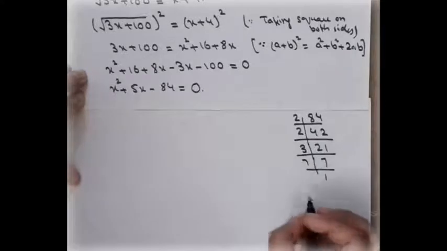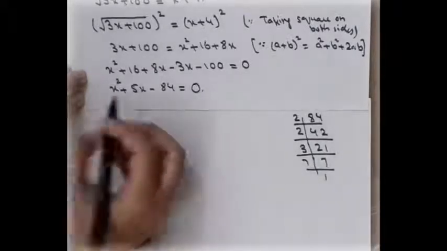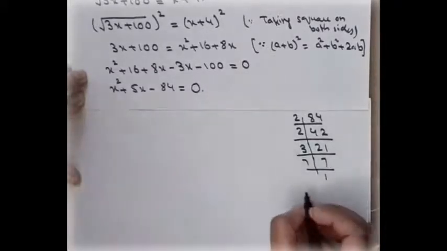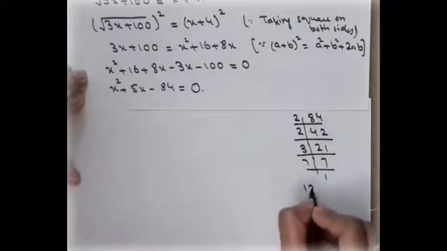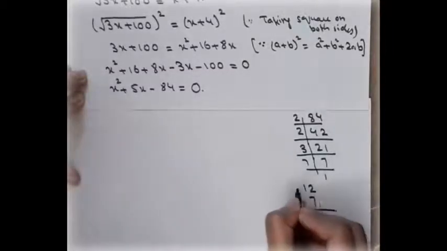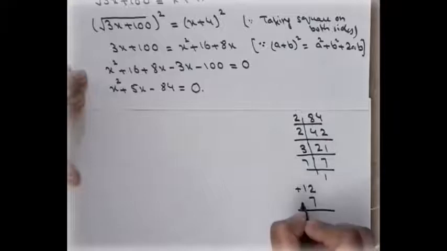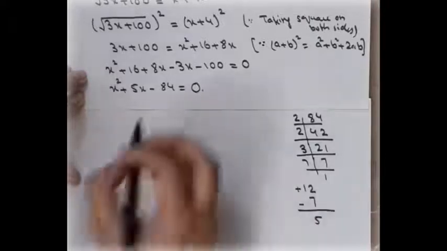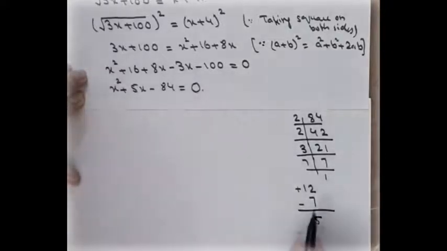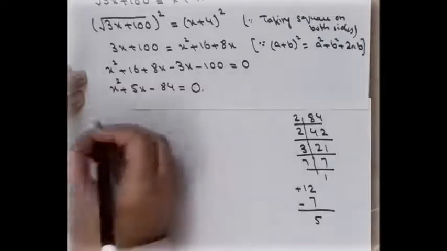Now we want to find two factors. We can write 3 multiplied by 4, so 12, and 7. We need a positive sign, so the larger number gets the positive sign and the other will be negative: 12 minus 7 is 5, and when we multiply these two terms it gives minus 84. So we find the two factors that give this answer.